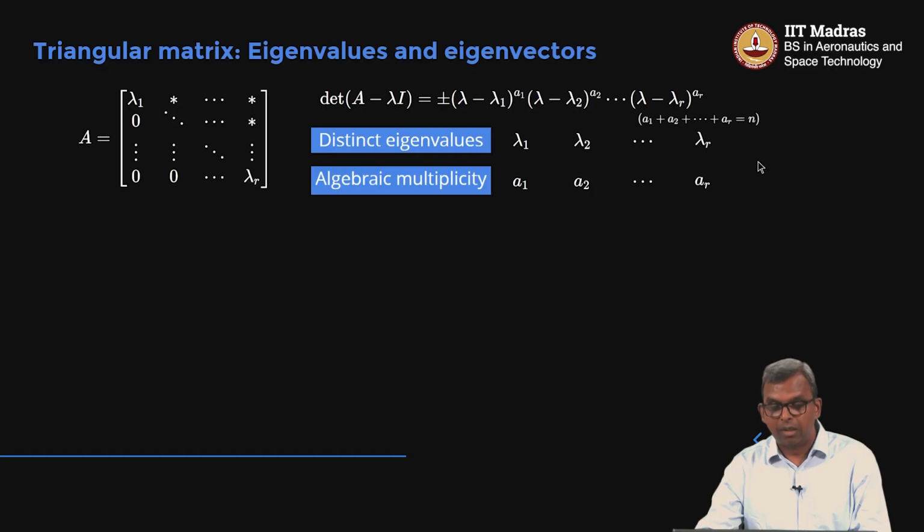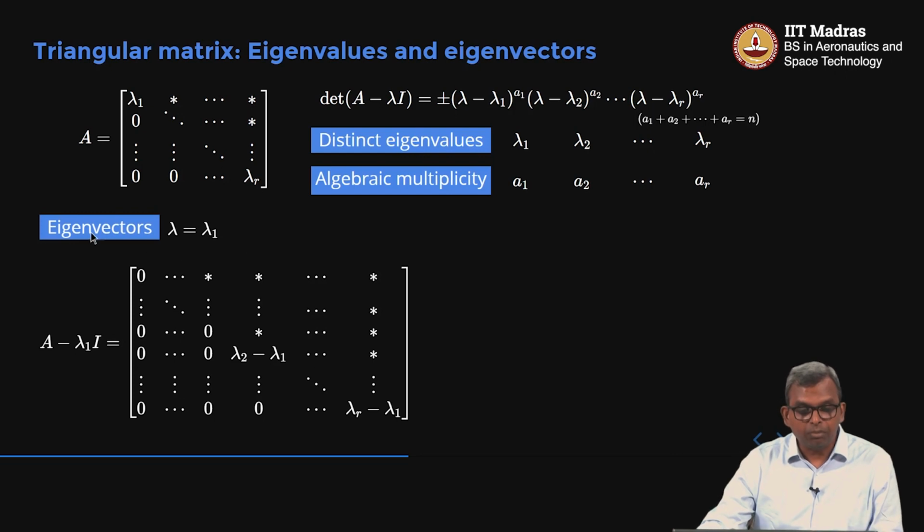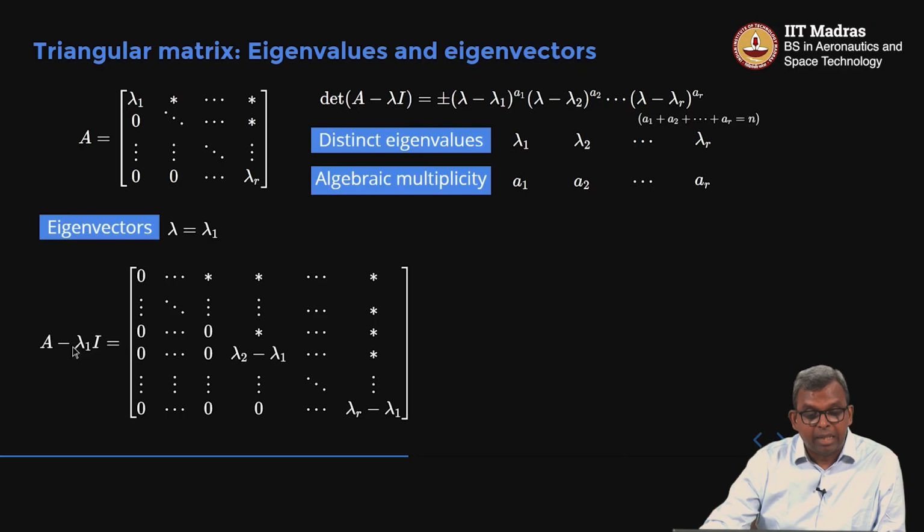Now how do I think of geometric multiplicities? So let us write down. For the eigenvectors, if you pick lambda equals lambda 1, what is going to happen? A minus lambda 1 I is going to look like this. You are going to have 0 for the first A1 columns on the diagonal, but I do not know what is going to happen to the off diagonal.